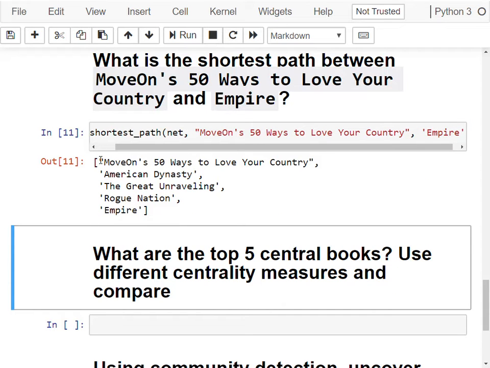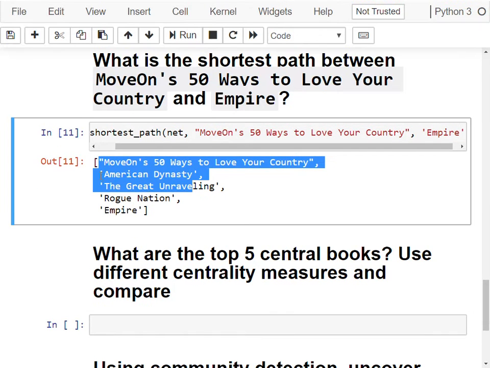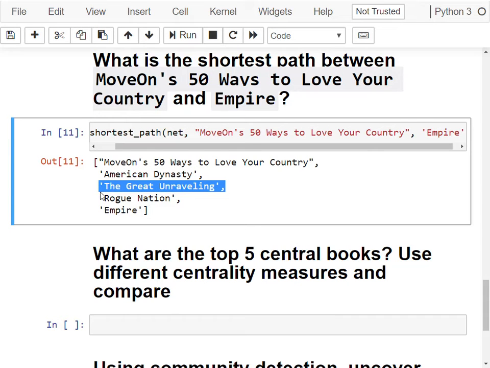This basically means that people who bought this book also bought the book American Dynasty, and people who bought American Dynasty also bought The Great Unraveling, and people who bought The Great Unraveling bought Rogue Nation, and people who bought Rogue Nation bought Empire. This is a long path in between these two books.